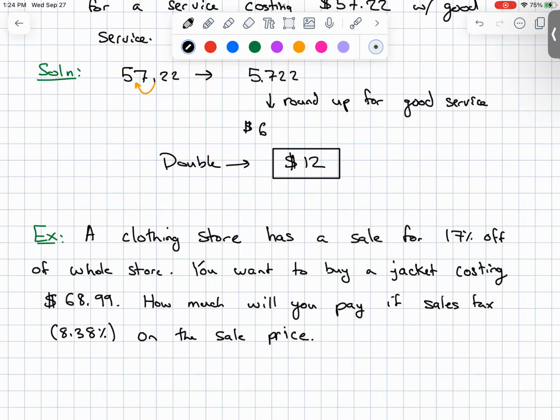Now that I'm thinking about it, I need to know, what is sales tax in Nevada? I have to know. Really? Okay. 8.23. So not 8.38. 8.23.